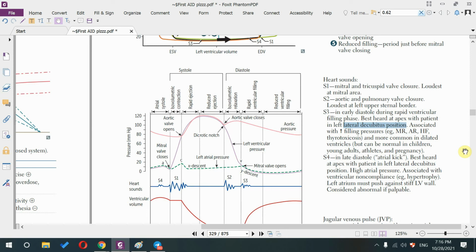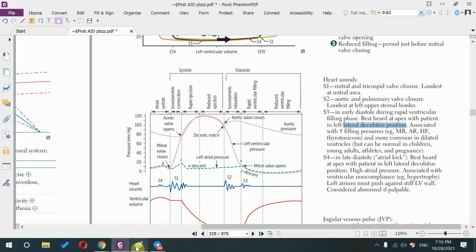Okay, where do I choose S3? Oh, it's not, they are asking me the cause. Dilated cardiomyopathy, heart failure, mitral regurg, aortic regurg, and normal. You look at the age. That's the first thing you do, guys. Look at the age. If the patient is young, less than 35, it's normal. If he's more than 35, it's pathological.